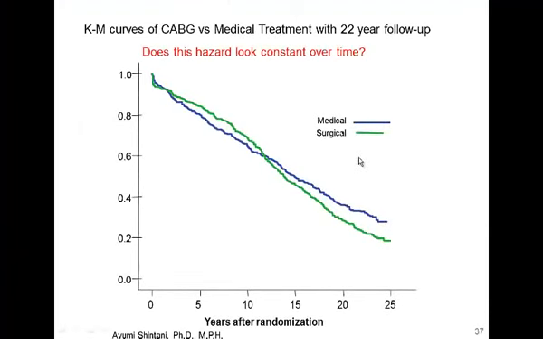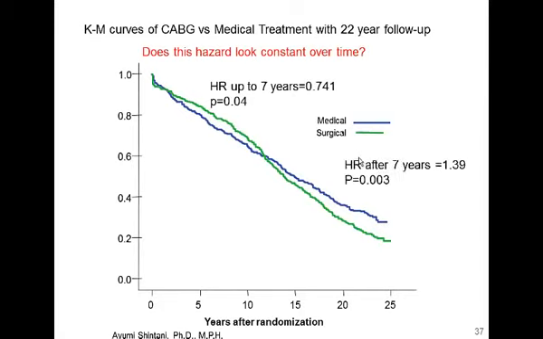If you put the hazard ratios in a table, you can present it this way. Before 7 years, the hazard ratio is 0.741, indicating CABG reduced risk of dying by 26% compared to medically treated patients, and the p-value is significant. After 7 years, the hazard ratio is 1.39, which indicates CABG increased risk of dying by 39%, and that was statistically significant.